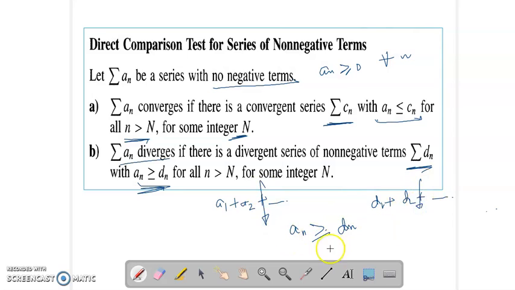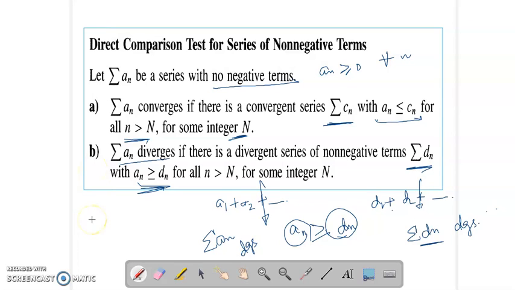So we know that a3 is greater than d3, a4 is greater than d4, likewise. And we also know that this series summation dn diverges. Now this series diverges and each term of this series is greater than or equal to the corresponding term of this series after a stage, then we can conclude that this series also diverges, right? So this part B gives you the divergence of the series, right?